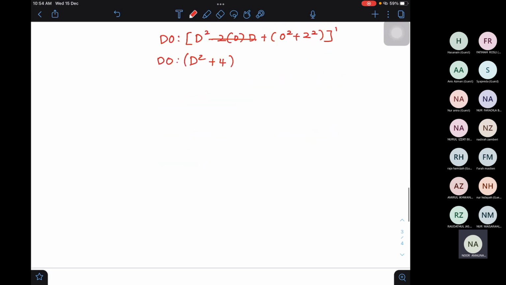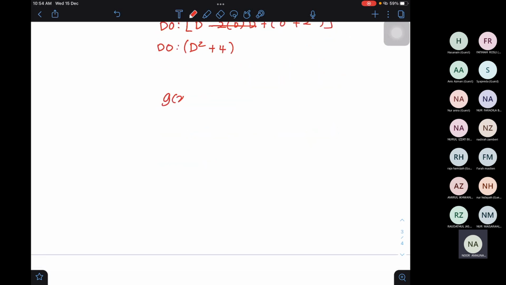Okay, another example. If you have your gx equal to exponent x cos 5x.